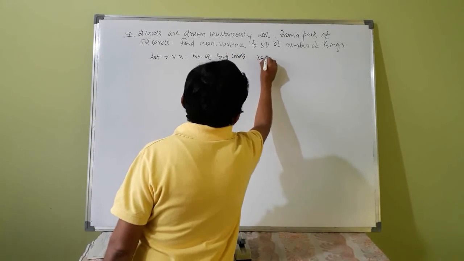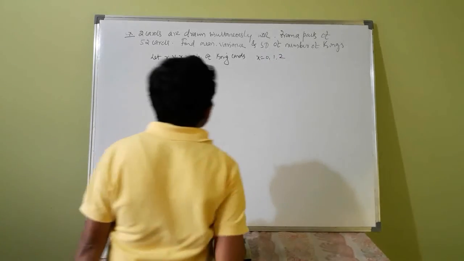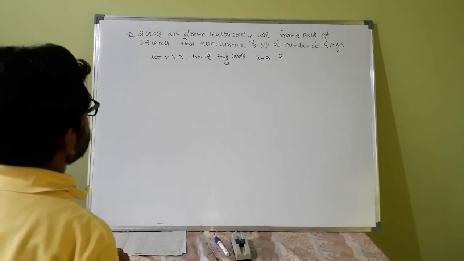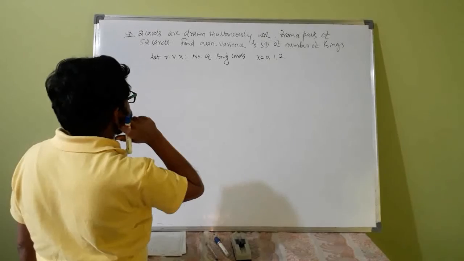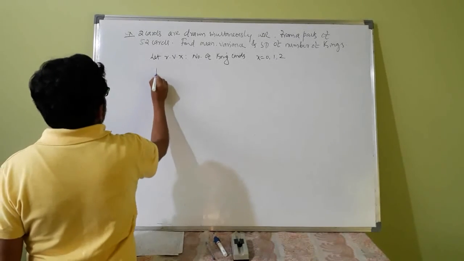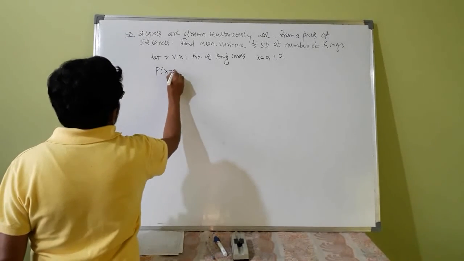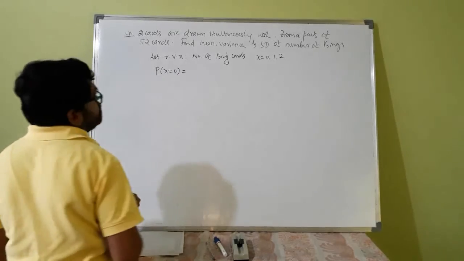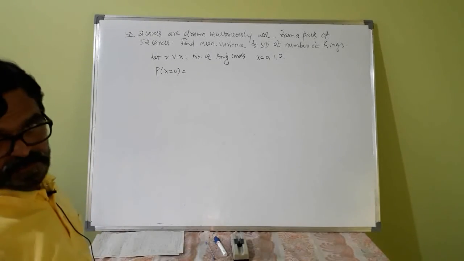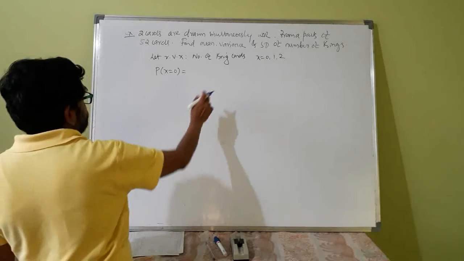So x may be 0, 1 or maximum 2. Okay. What is probability of x is equal to 0? No king cards.